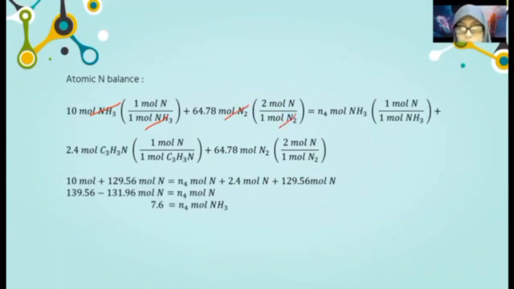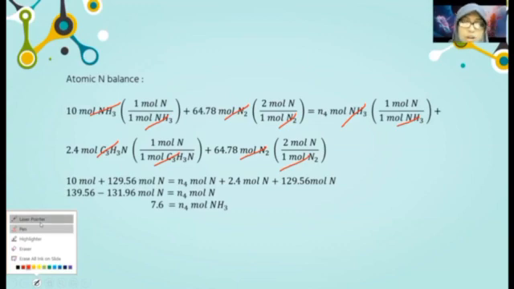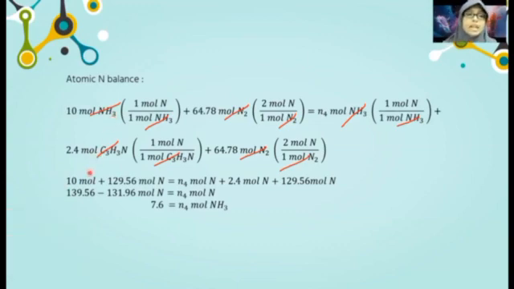Kita potong mol ini. So apabila kita sudah potong, kita boleh buat calculation macam biasa di mana kita akan dapat 10 mol tambah 129.56 mol N sama dengan N4 mol N tambah dengan 2.4 mol N tambah dengan 129.56 mol N. So kita calculate macam biasa dan dapat akhir kita, untuk N4 kita akan dapat 7.6 mol bagi NH3.